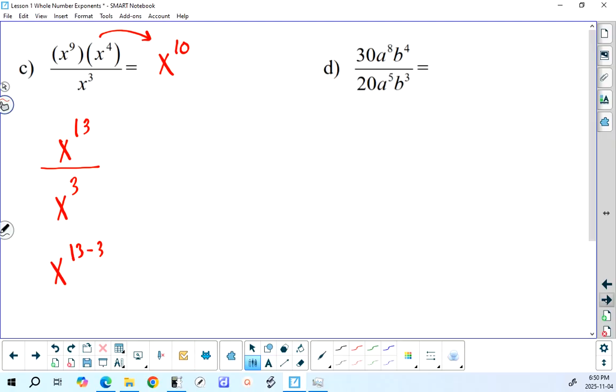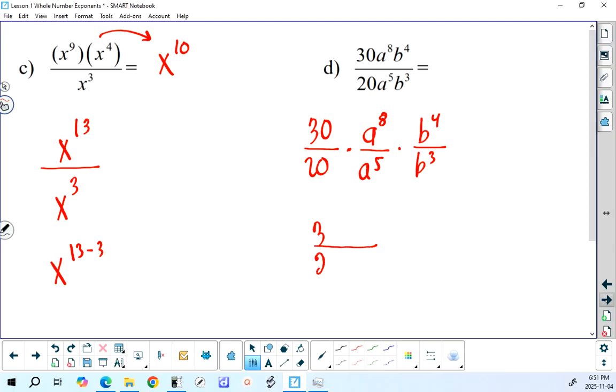Over here, I'm going to rewrite this slightly. This is 30 over 20. And we're multiplying it by a to the 8 over a to the 5. And we're multiplying that by b to the 4 over b cubed. So we can reduce 30 over 20 down to 3 halves. And we have a to the 8 over a to the 5.